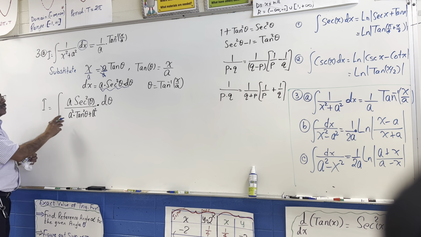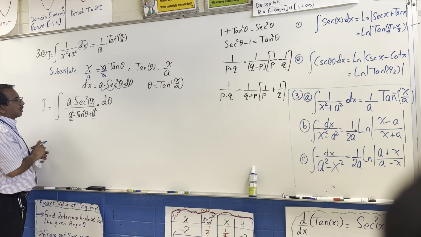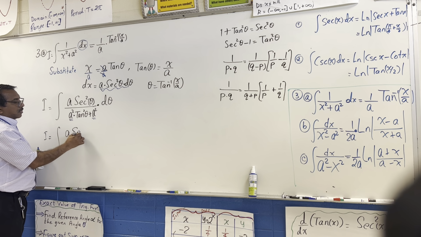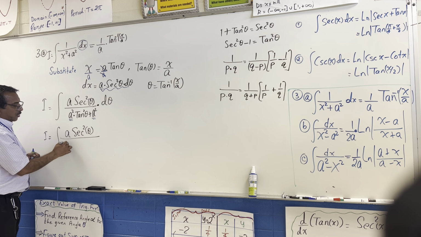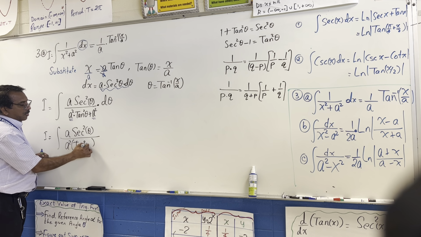Then we can apply the distributive property, and see there's a squared in both places. This will be a squared pulled out, and what stays inside is tan squared plus 1.